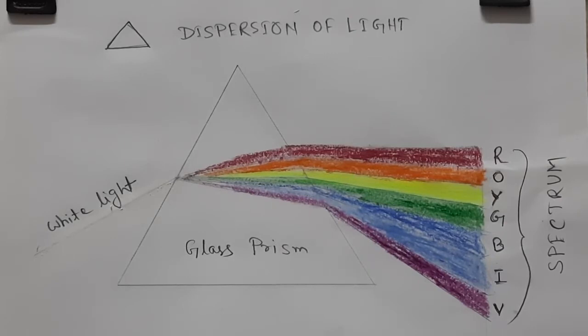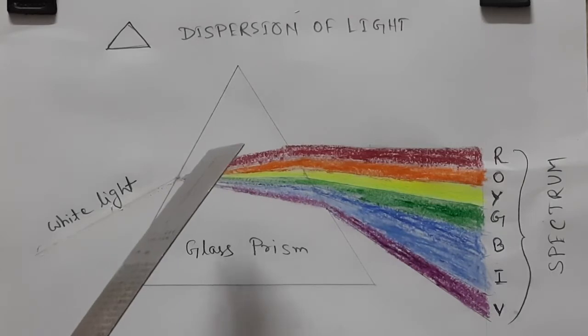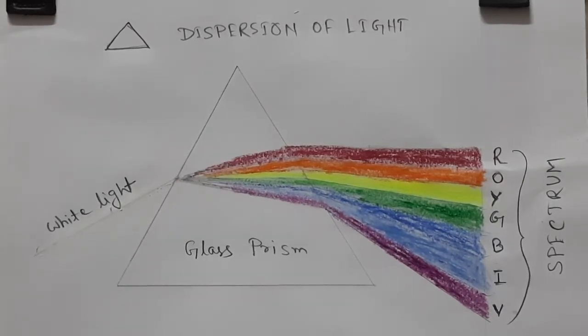So when the red color passes through the glass prism, the longest wavelength red color will not interact so much, or will not get obstructed so much, by the atoms of the glass prism. So its speed will also not be affected so much, but still a little bit of dispersion will take place.